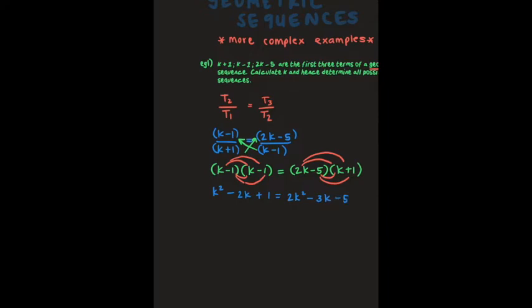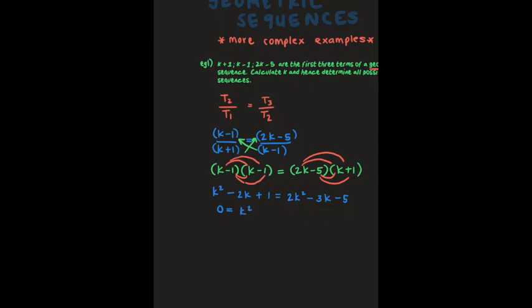Let's collect like terms. I'm going to collect them on the right-hand side of the quadratic equation because my leading coefficient will then be positive. The reason why I know to set up a quadratic equation is because of these terms squared. It's not linear like in arithmetic sequences.